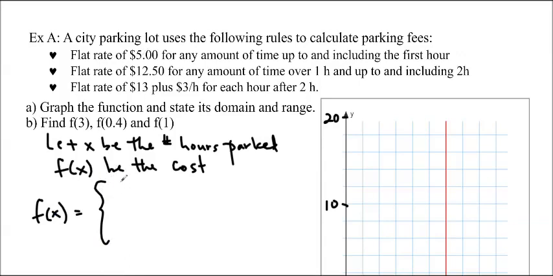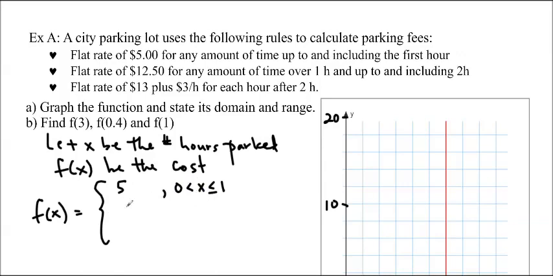So $5, and this happens for x less than or equal to 1, but we actually do need a lower bound here because we're doing a real life application, and you don't want to park for a negative amount of hours, and actually you wouldn't pay somebody to park for 0 hours, so 0 is less than x, not included, because we wouldn't pay them.